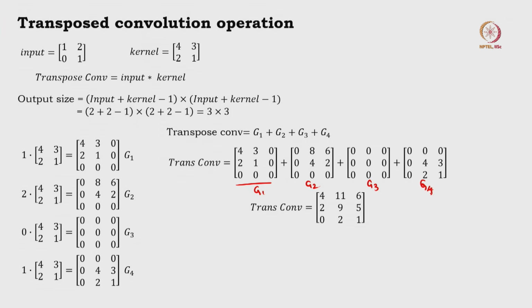It is 4 plus 0 plus 0 plus 0 is 4. Then 3 plus 8 plus 0 plus 0 is 11. Then 0, 6, 0, 0 is 6. In respective positions you do the addition. It is 2. Similarly, 1, 4, 0, 4 is 9. And so on, you do an element-wise addition of each of these matrices.